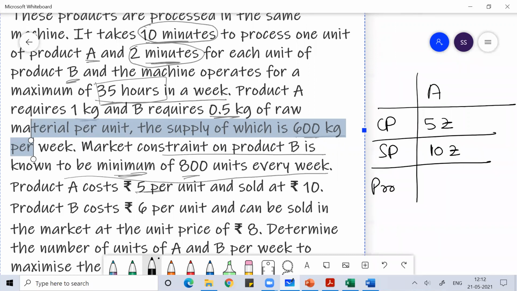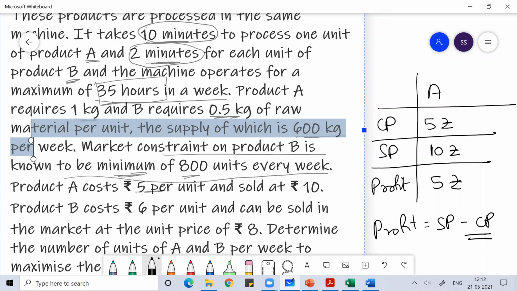So the profit on one unit of product A will be 5 rupees. I hope you can understand, profit is equal to selling price minus cost price.